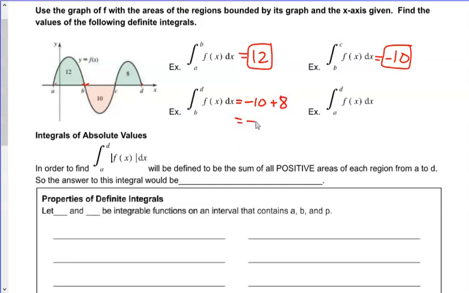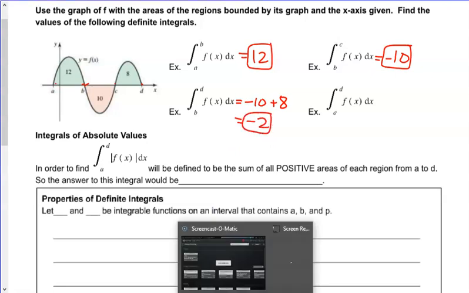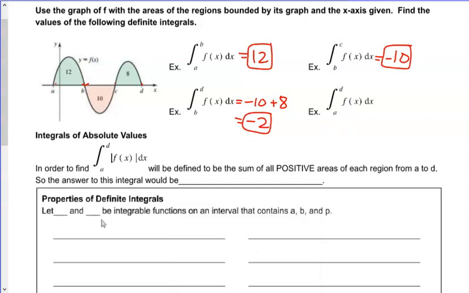And then the net area here looks like it's negative 2. And then finally, I'm going to do the whole thing. We're going to go from a to d, so I need to sum each of these areas, making sure I do negative for the 10. So I get 12 minus 10 plus the 8, which will give me a value of 10. So those are the definite integrals for this graph of f.